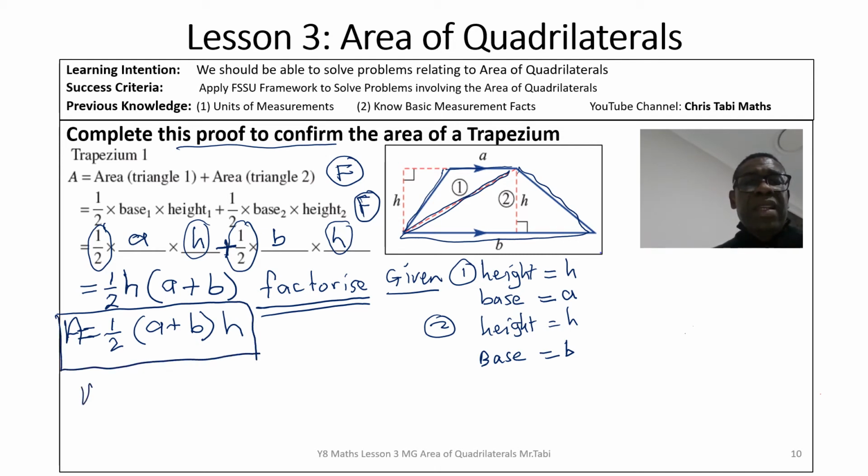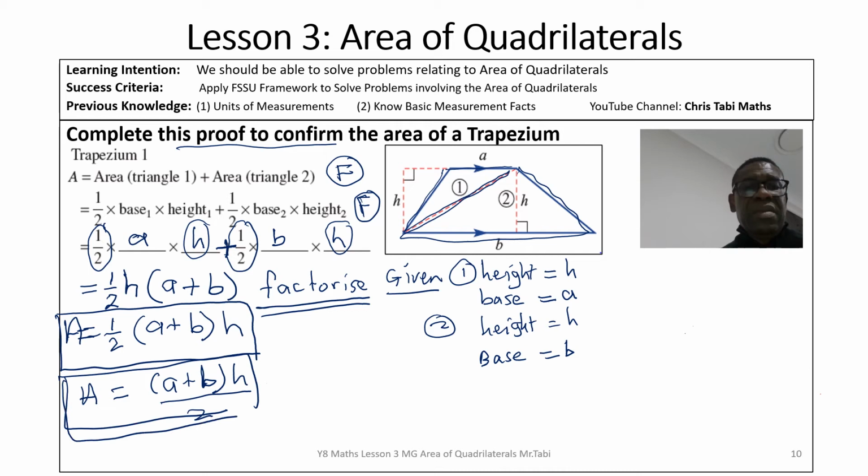Another way you can write this, because multiplying by half is the same as dividing by 2, is a plus b times h, divided by 2. We can also do that. That is correct, and that is also correct. Okay.